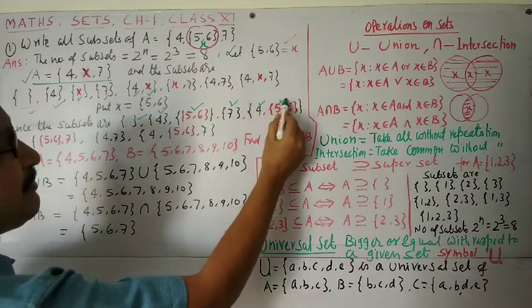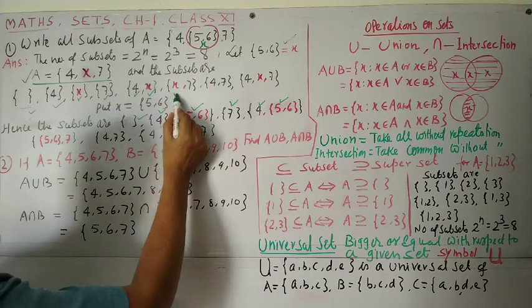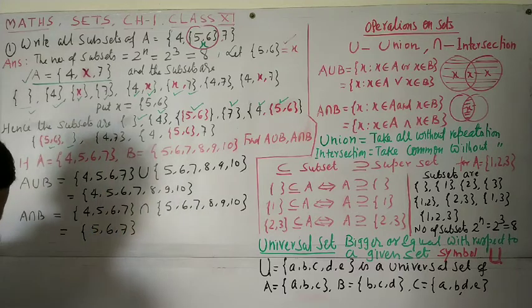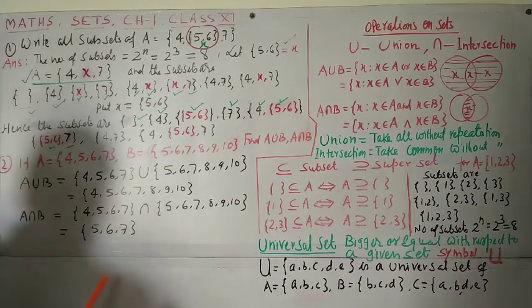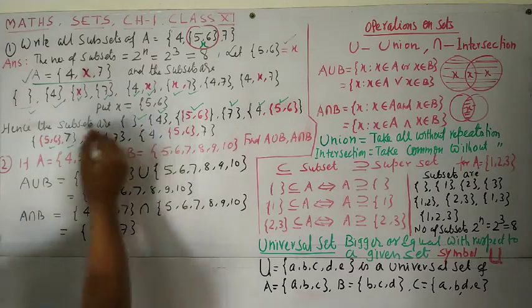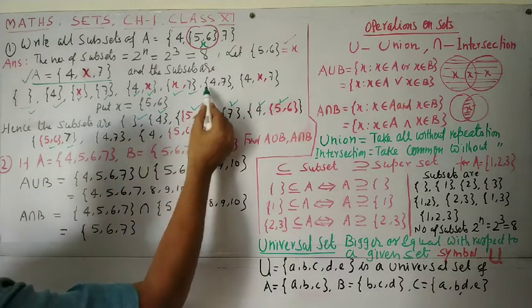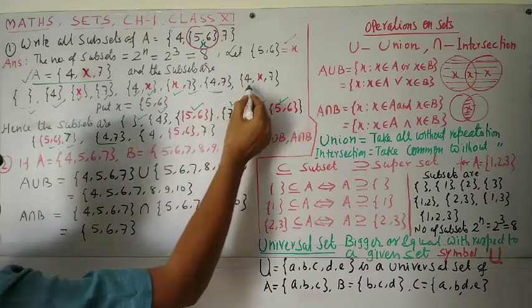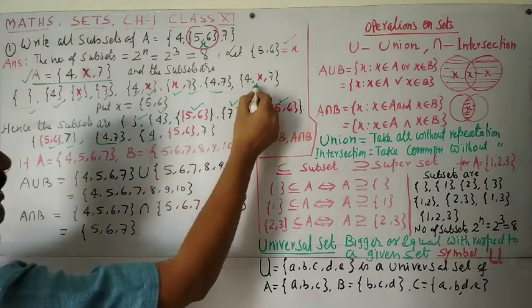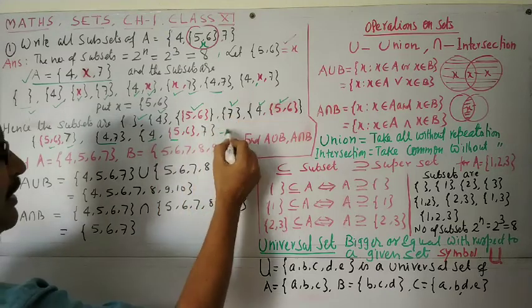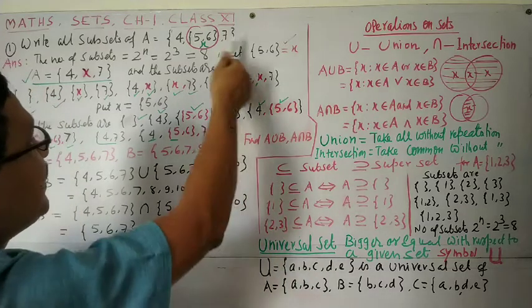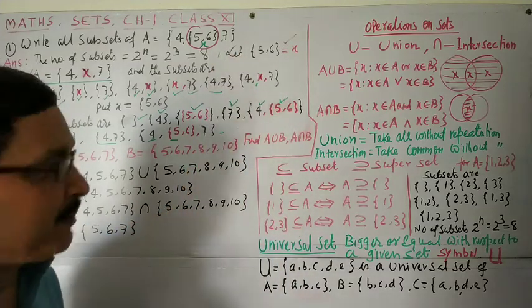Put the value of x as {5, 6} in {x}, in {x, 7}, in {4, x}, and in {4, x, 7}. So these are the 8 subsets, the answer. In this way we can do the complicated problem.